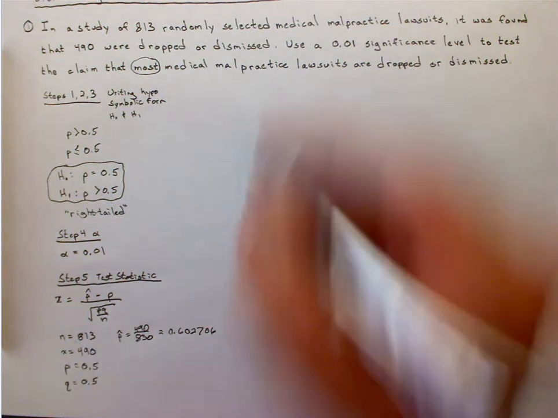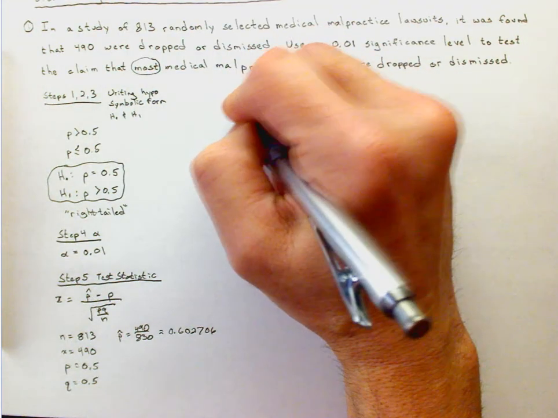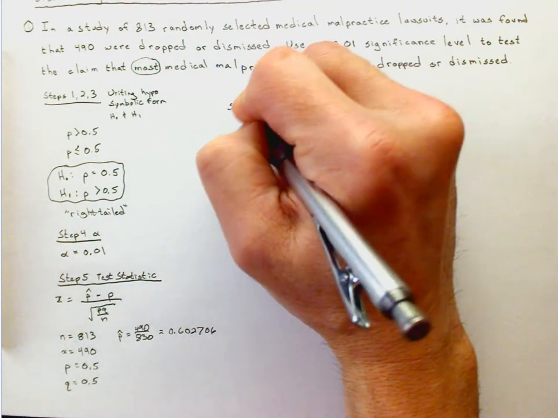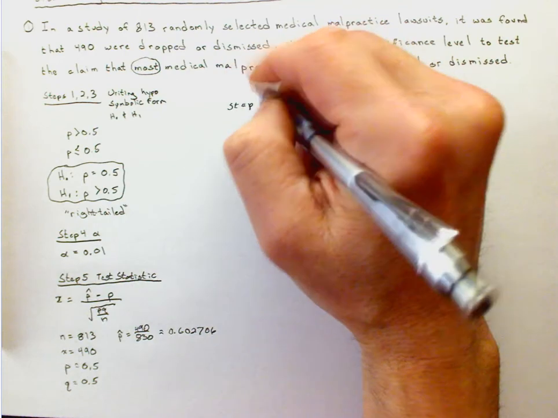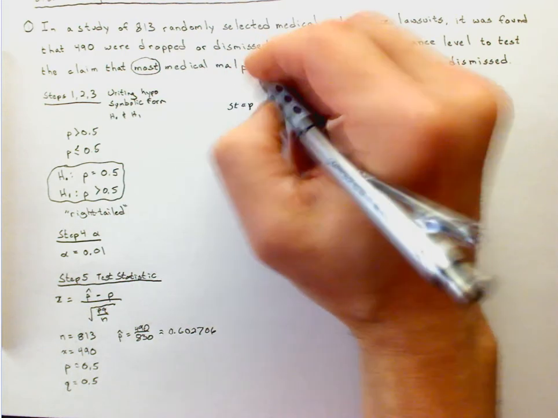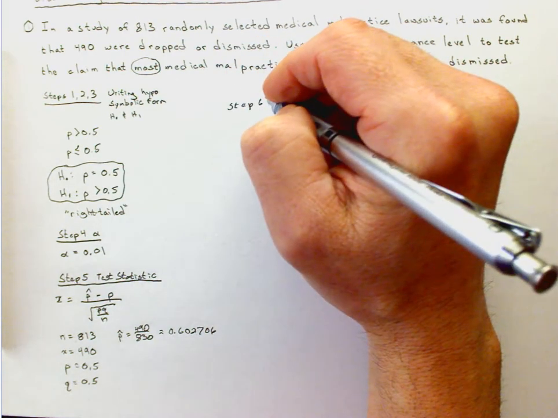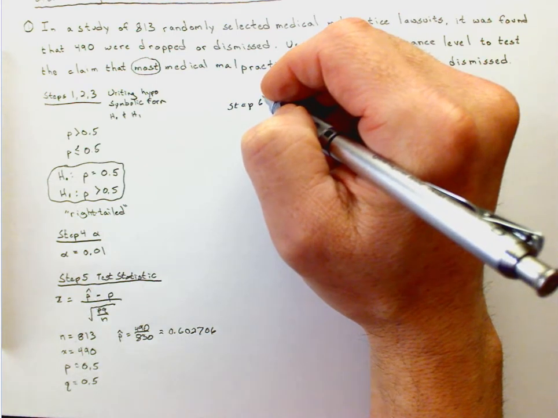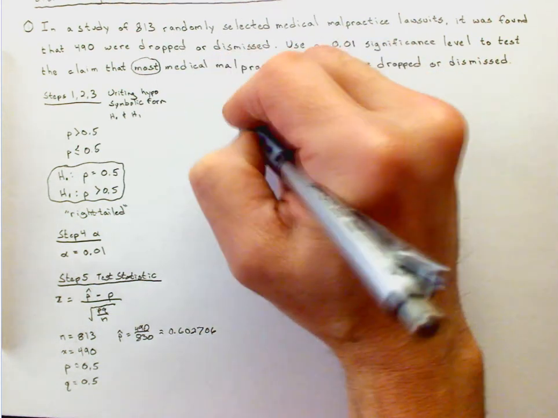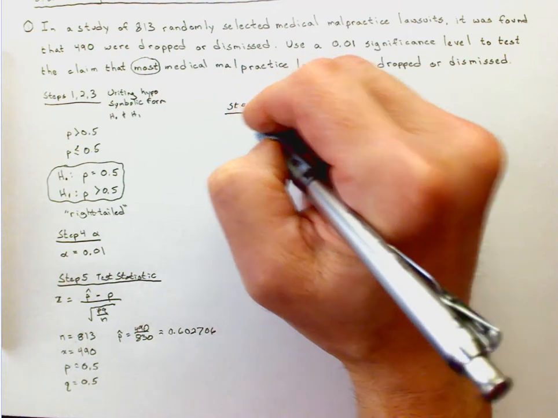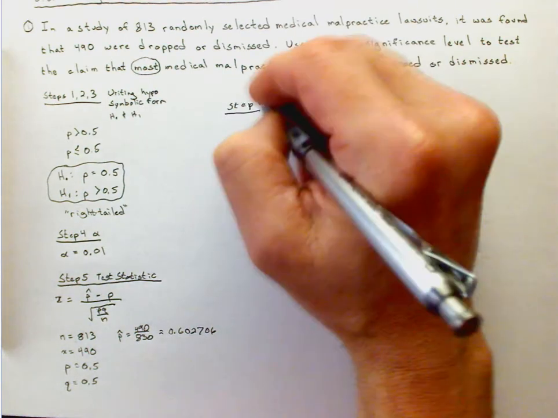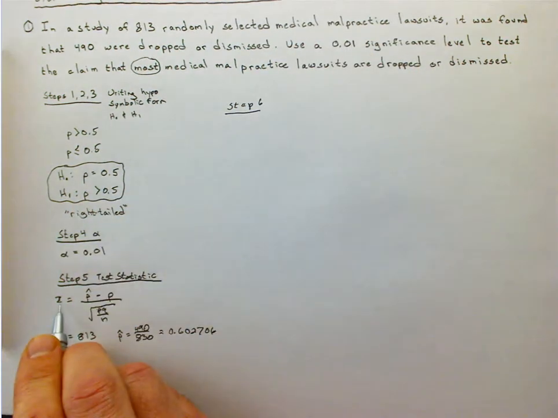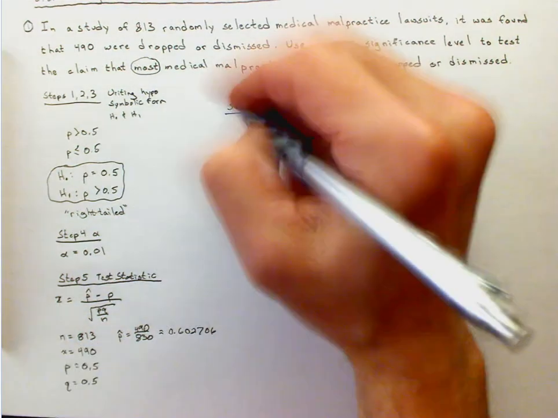So now all I need to do is take that for step 6, being able to turn around, and once I calculate my z value, find my p-value, and I'm using the p-value method for this with my proportion and my z-score.